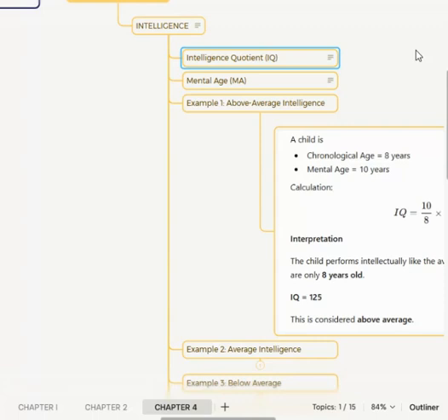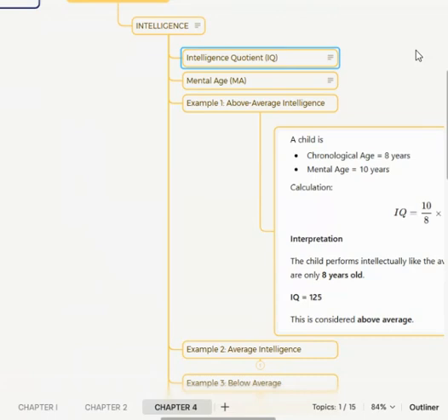But you said the chronological age means the real age, taken from their birth certificate, right? Mental age means you ask them bigger questions, higher than the age.